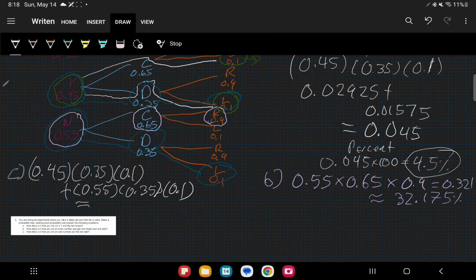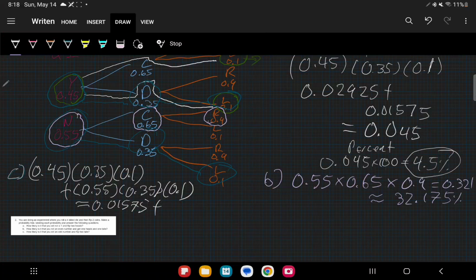Once we check this, we get to move on. So 0.45 times 0.35 times 0.1, I get 0.01575. Plus 0.55 times 0.35 times 0.1. Oops, I just added, sorry.